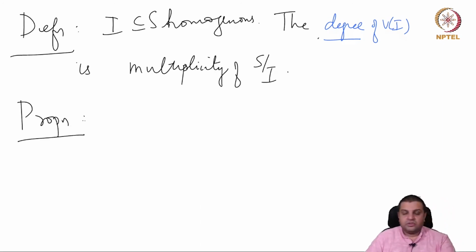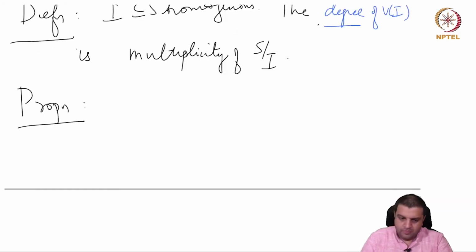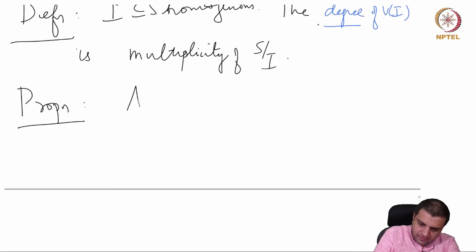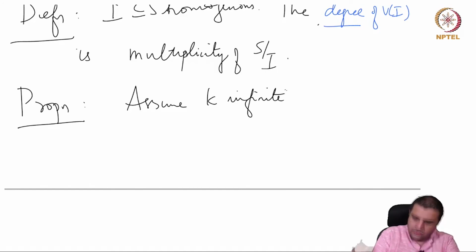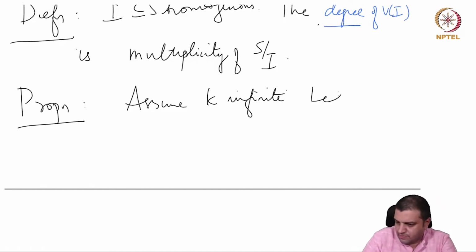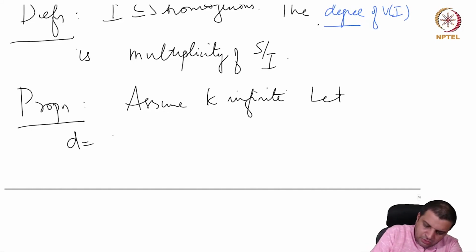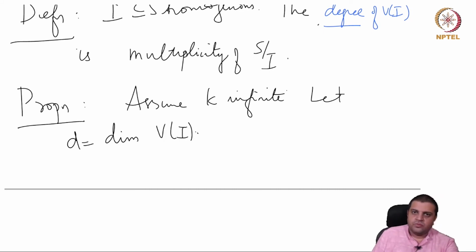And here is a proposition, the sort of geometric explanation behind degree. With notation as above, assume k is infinite. Let d be equal to the dimension of V(I).